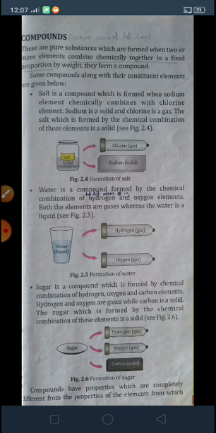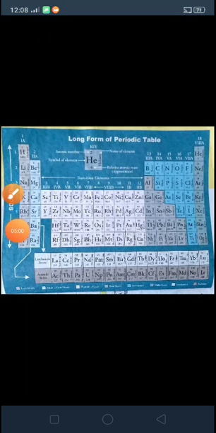Some examples of compounds which we use in our daily life are given. First one, salt. Salt is a compound which is formed when the sodium element chemically combines with the chlorine element.